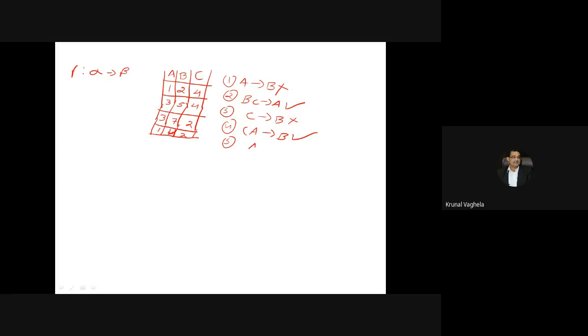A to C. So 1, 4, 3, 4, and 3, 2. So A to C is also not allowed, because here at 1 you are getting 4, here at 1 you are getting 2. So this is not allowed. So this is how you can see whether a functional dependency is valid or not.